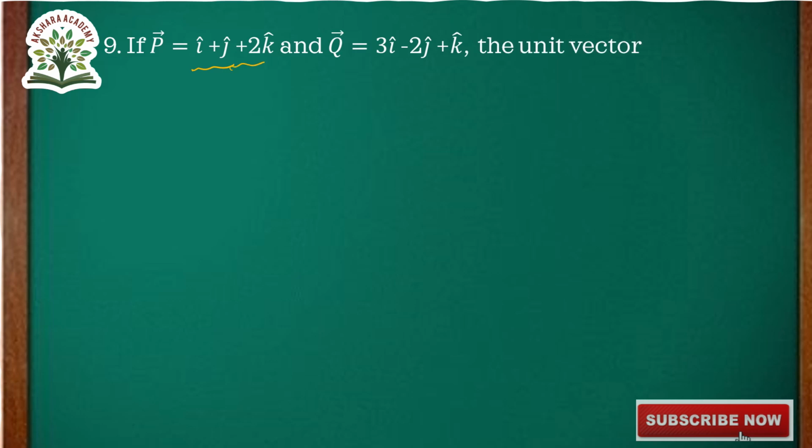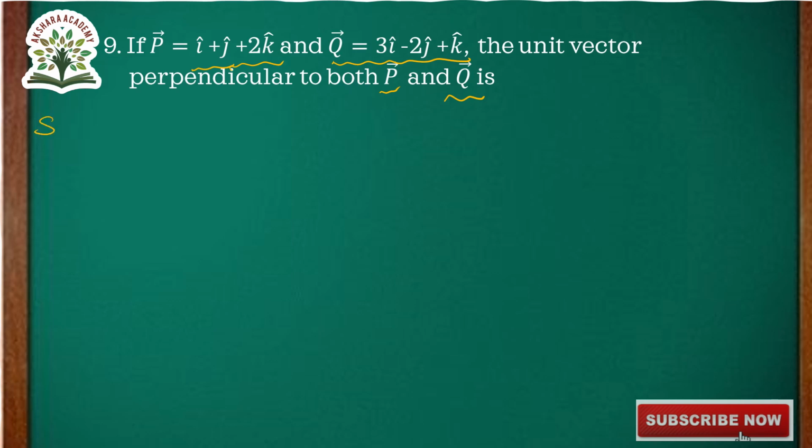Ninth one: if p bar is equal to i cap plus j cap plus 2k cap and q bar is equal to 3i cap minus 2j cap plus k cap, find the unit vector perpendicular to both p and q. You have to calculate the unit vector which is perpendicular to both p and q vectors.